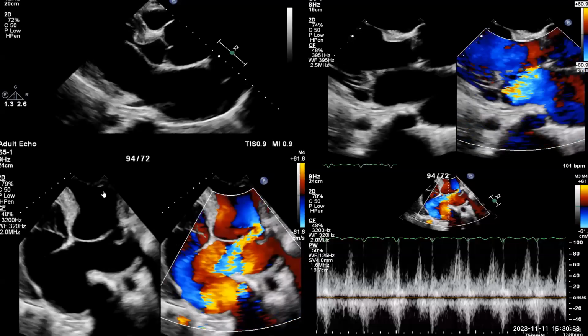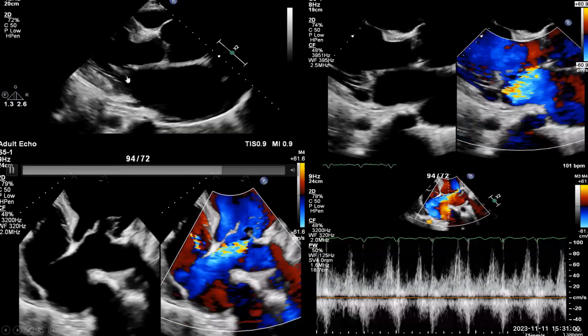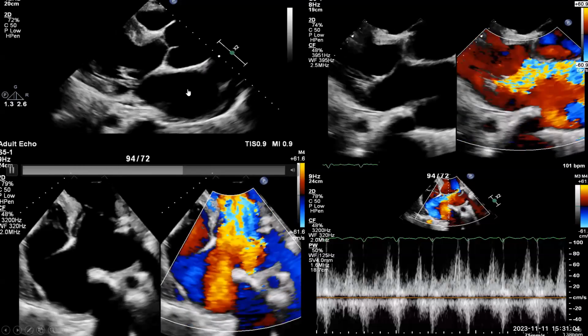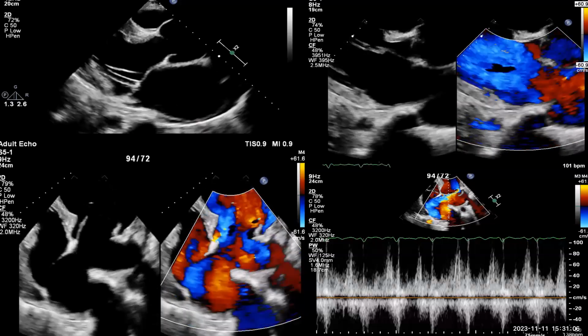And here is a case, as you see, of myxomatous mitral valve with severe dilated left atrium. So can anybody give me the full answer in this case? I give you half of the answer.